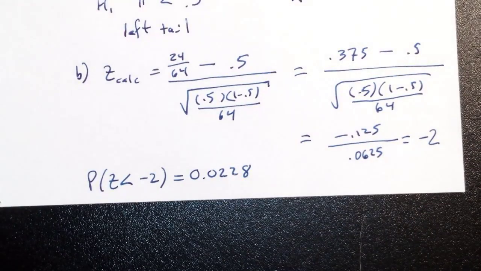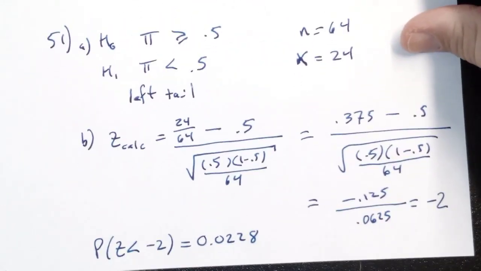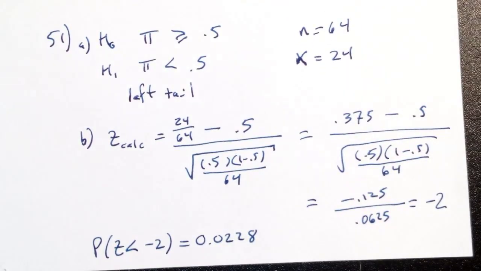I can't make my decision yet because I'm still missing a piece of information. What piece of information am I missing? What's not up there? I don't think we wrote down alpha. I haven't been told alpha yet. As a matter of fact, that's something that we can decide on now.